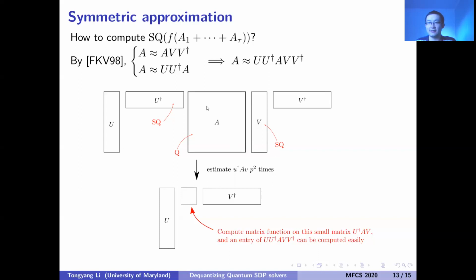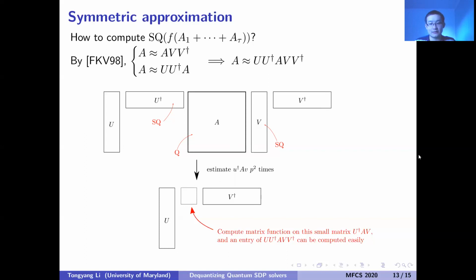In general, this can be generalized to something called asymmetric approximation. If the matrix A is not a Hermitian matrix and V does not equal U, the same discussion still works. It originated from our work, where we have both the technique of weighted sampling and this technique of symmetric approximation, which further motivates future study. I will briefly discuss this at the end of my talk.